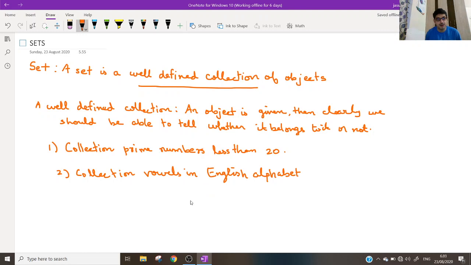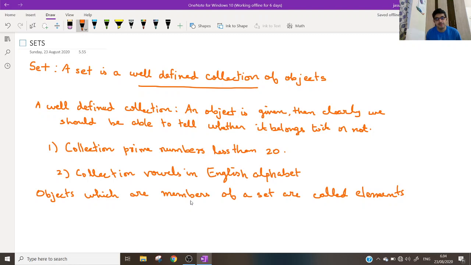Generally, the objects which are members of a set are called elements of a set.